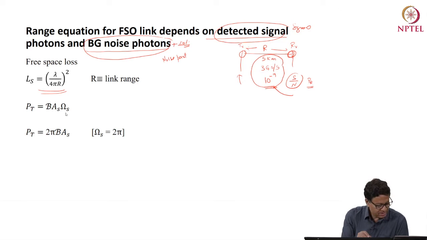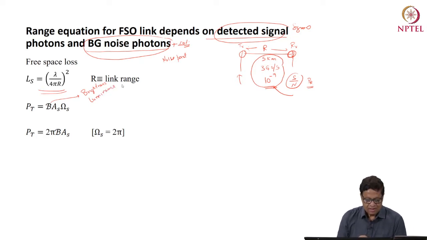Now let us see that this is the transmit power, which can be written in this form, where B is your brightness, or we can use another term, luminance. And the luminance is given as candela per meter squared, where candela is lumens per solid angle.